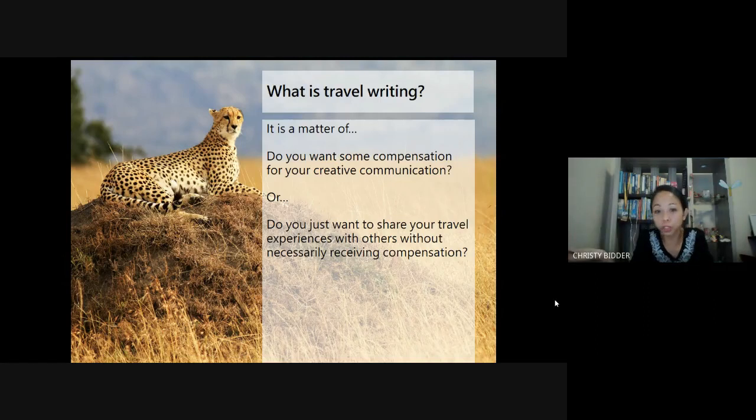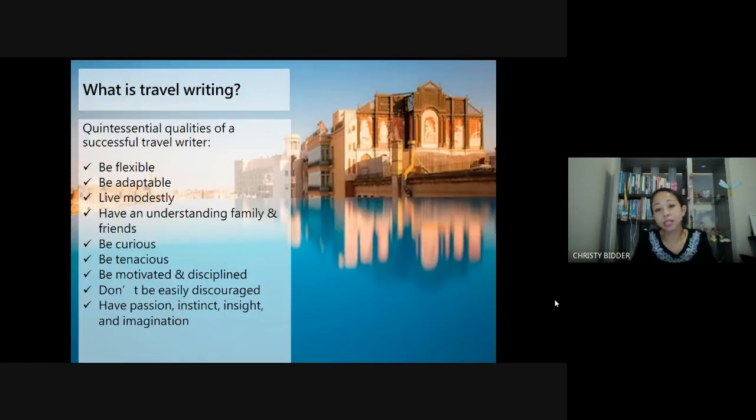Even Don George, the Lonely Planet's author, said, "You cannot make much money out of travel writing, but you will definitely be rich in terms of experiences." Successful travel writers also possess certain qualities, such as being flexible, adaptable, modest, and having an understanding family and friends.